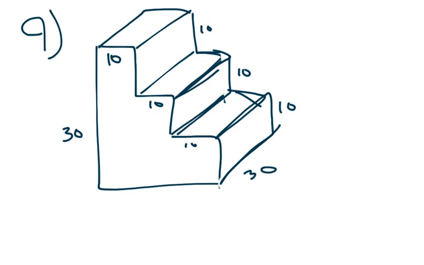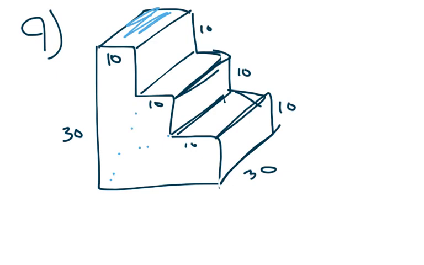Number 9, compute the entire surface area of the three-dimensional object shown below. So what we need to do is find the surface area of the top and the surface area of the bottom, which we can't see, but we know it exists.